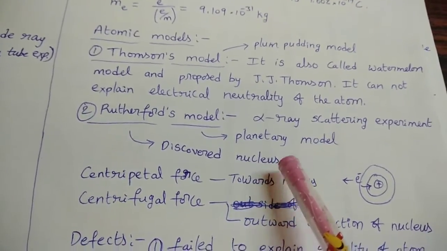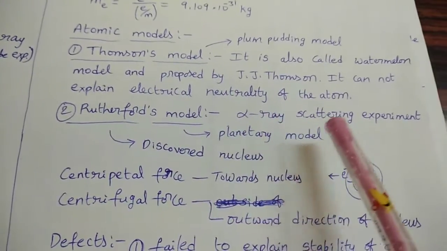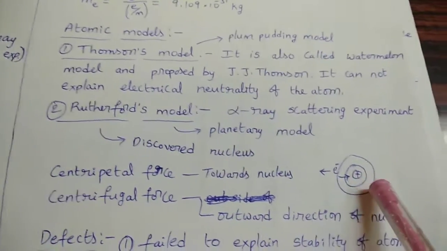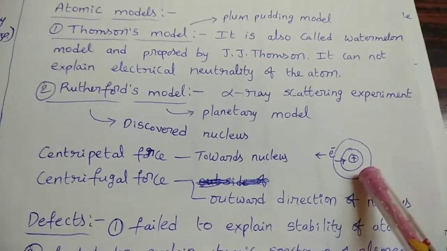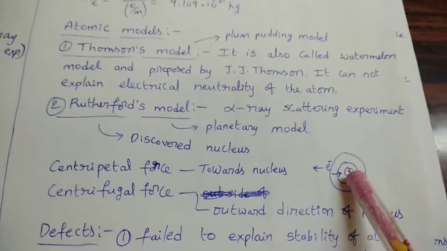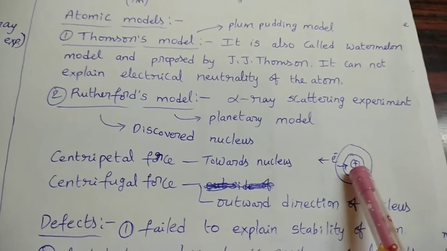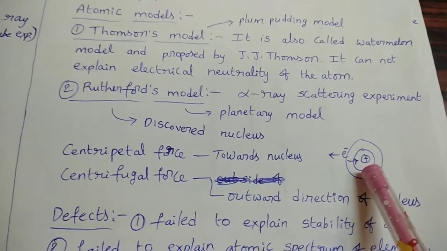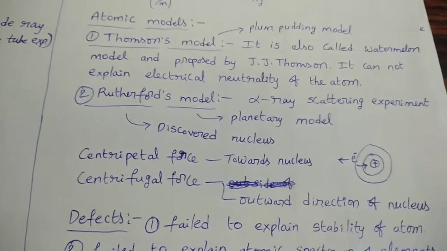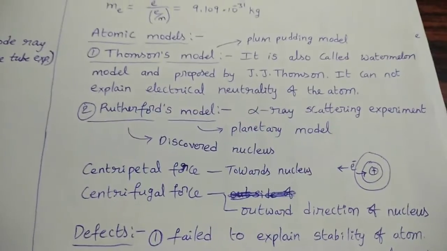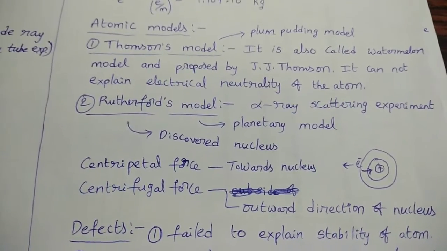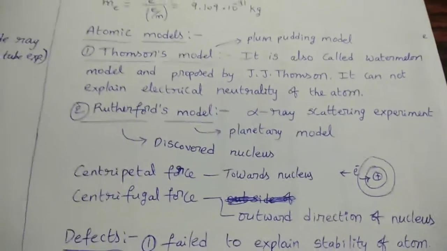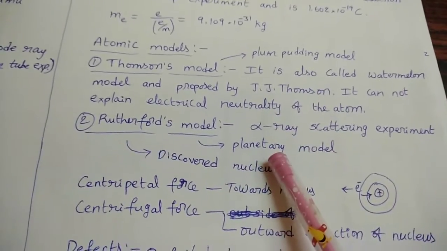So the nucleus was discovered by Rutherford by the alpha ray scattering experiment. This is the representation of the nucleus and electron. At the center, the positively charged nucleus is there. Around this, electrons are revolving in a fixed circular path, just like planets revolving around the sun. That's why this model is also called the planetary model.